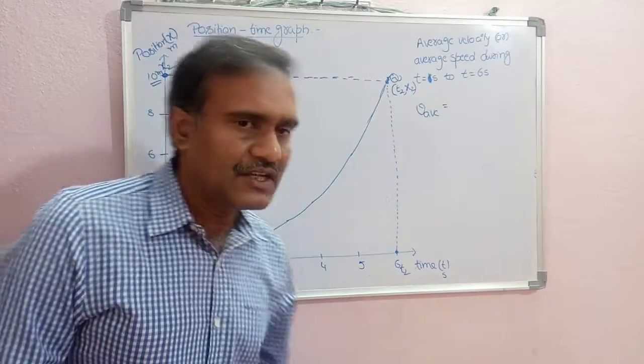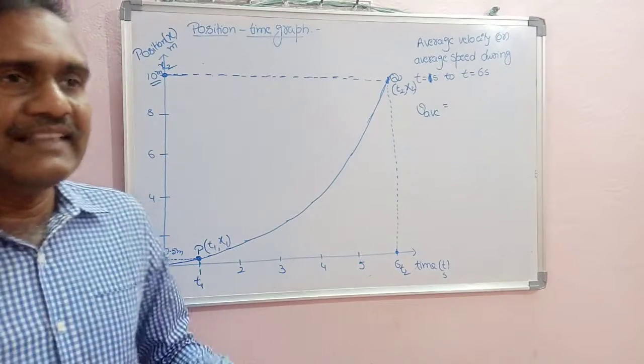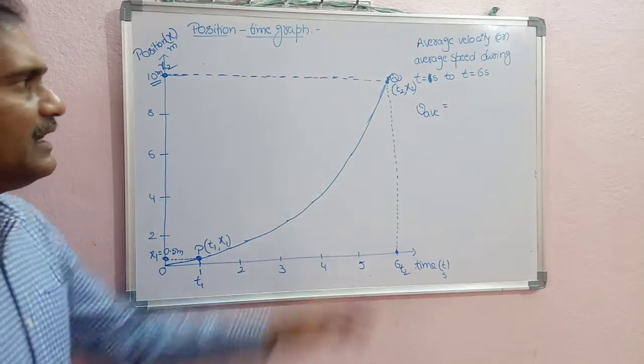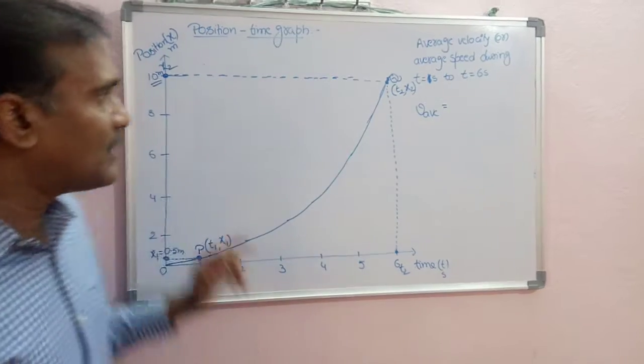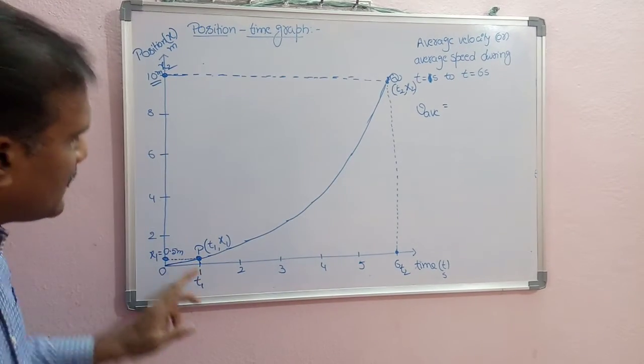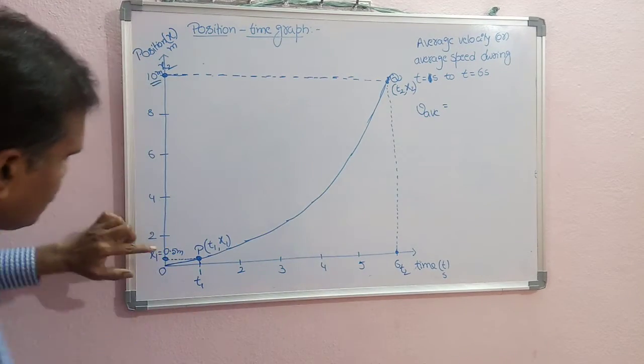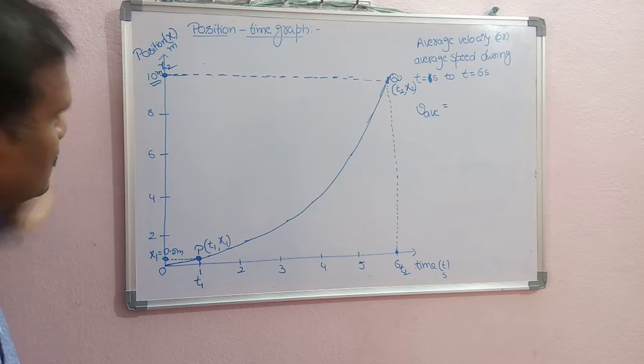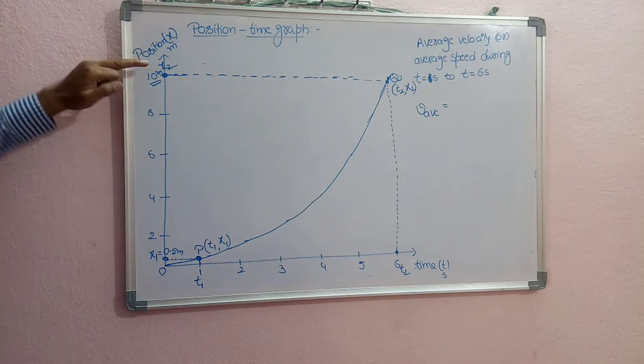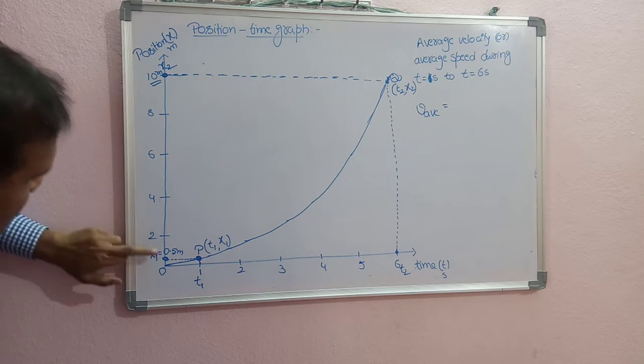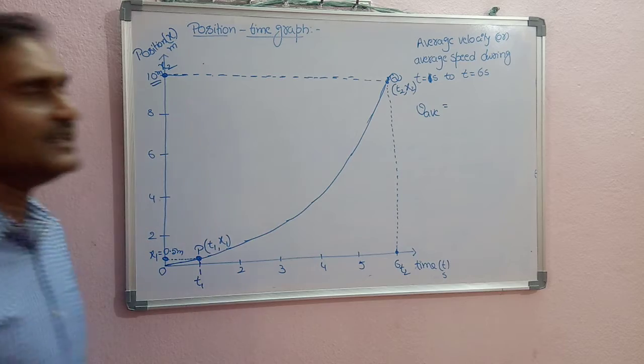Okay, what is average speed? Path length traveled by the particle divided by time interval. What is the path length traveled by the particle during this time interval? Here to here. Therefore, the path length is 10 meters minus 0.5 meters.